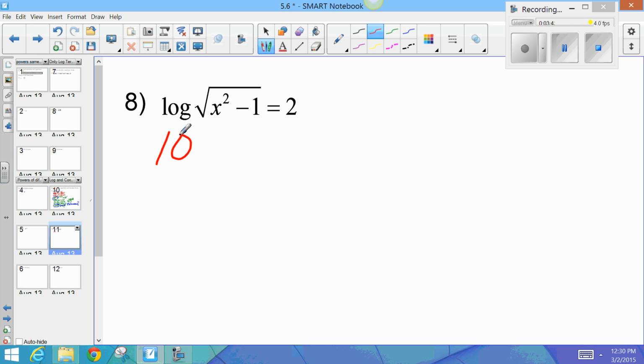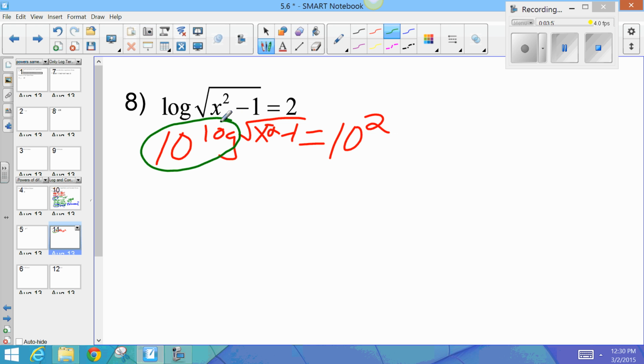So on the left, I've got 10 to the power of log of the square root of x squared minus 1, and on the right, I've got 10 to the power of 2. 10 to the power of and the common log are inverses of each other. So I've just got the square root of x squared minus 1 equals 100.